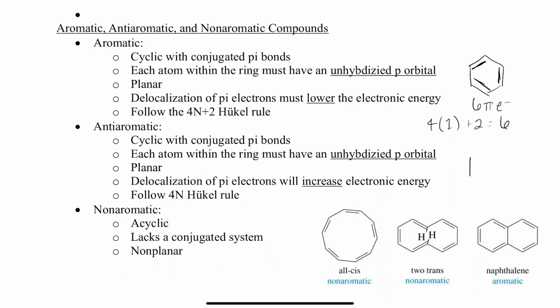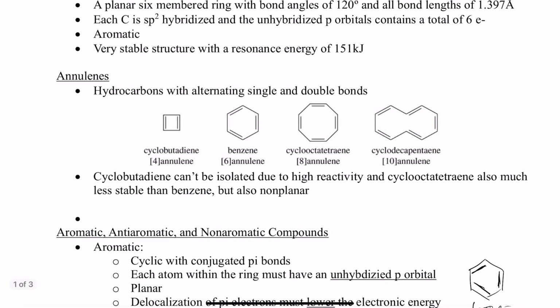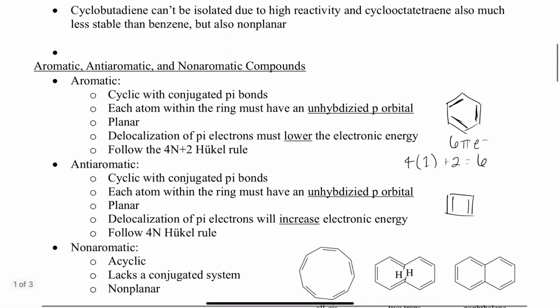So if we look at cyclobutadiene, cyclobutadiene is a cyclic structure. We see that it has a conjugated system. All of our carbons are sp2 hybridized, so it is a planar molecule. However, we just went over how we're not able to get our resonance structure. It can't be isolated because it's extremely reactive.